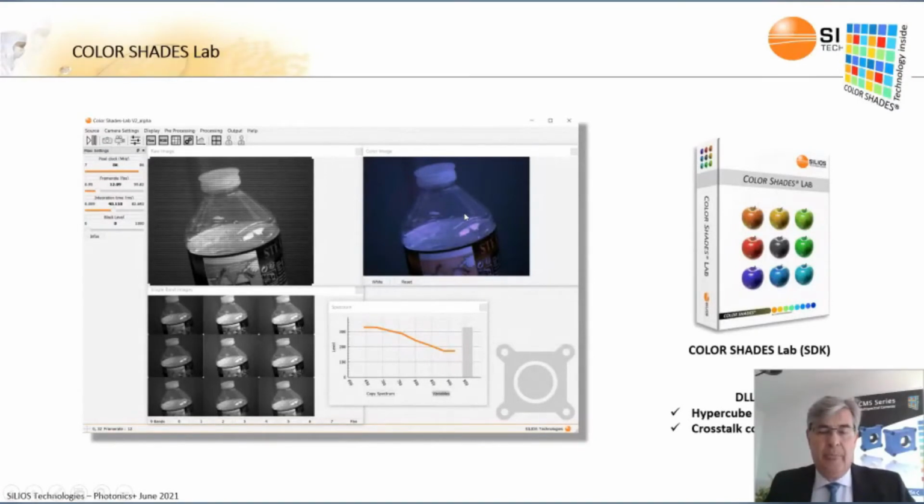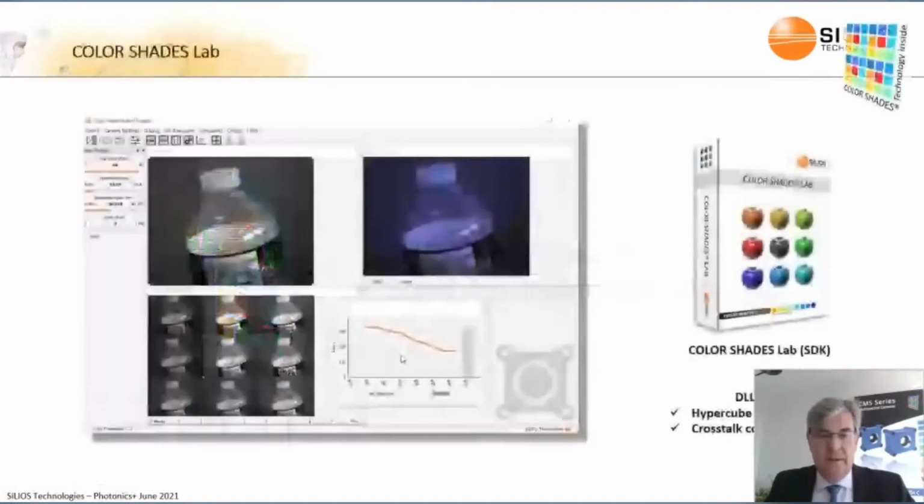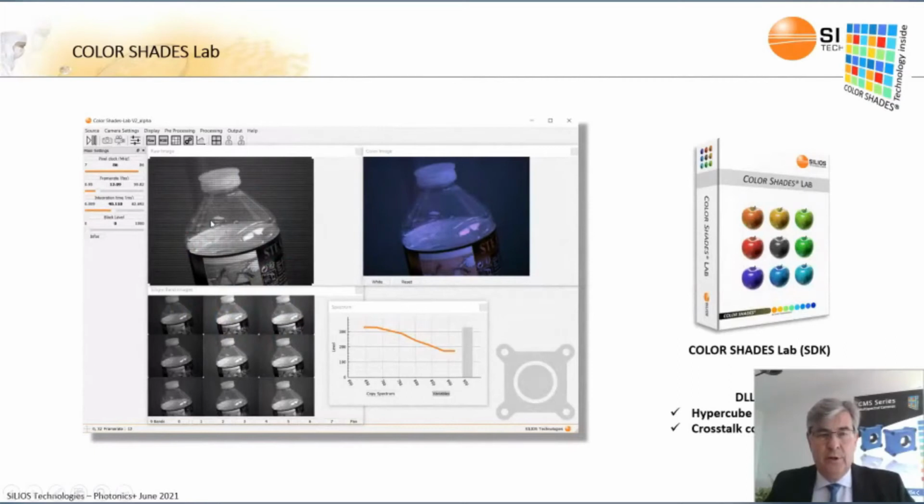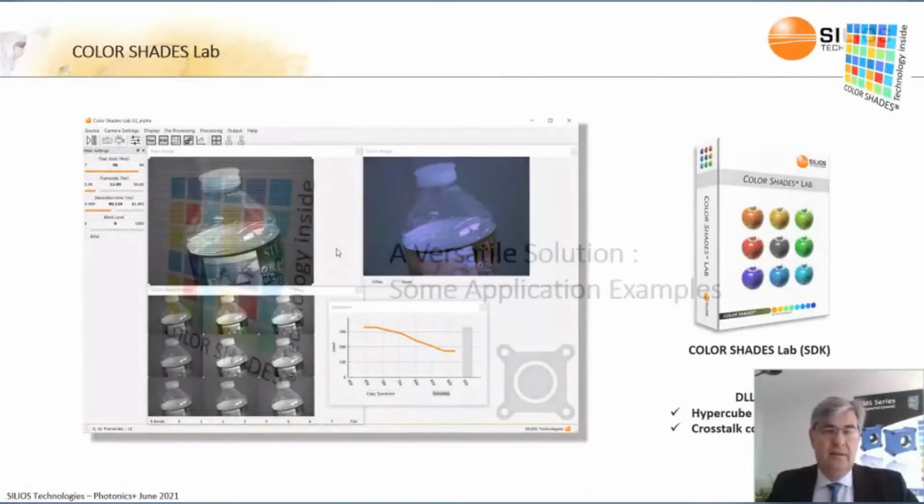And also, an interesting feature is that when you select a zone on the raw image, or even on the false color image, it gives you the spectrum of that zone.